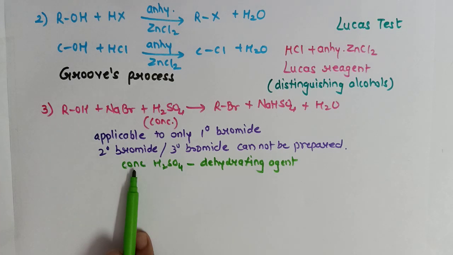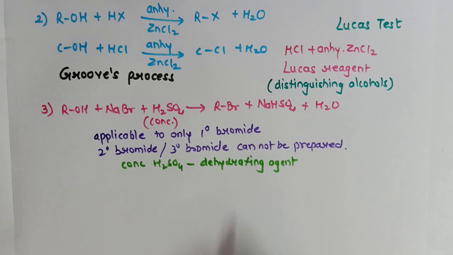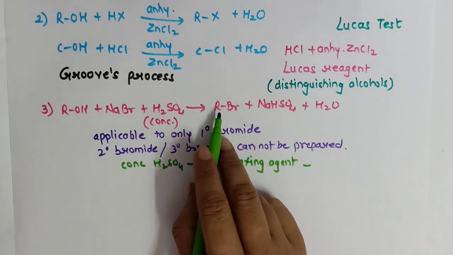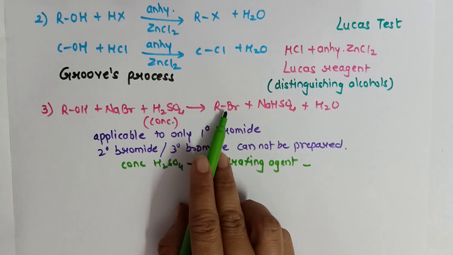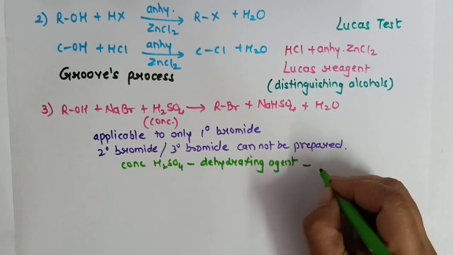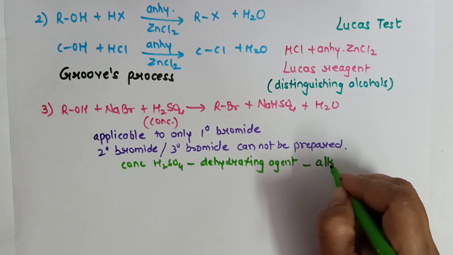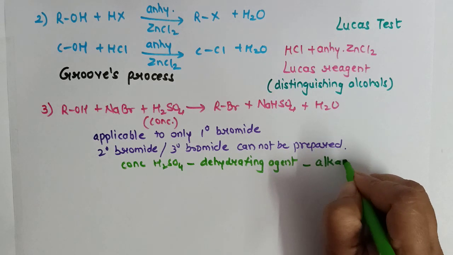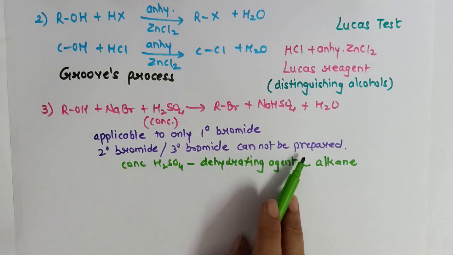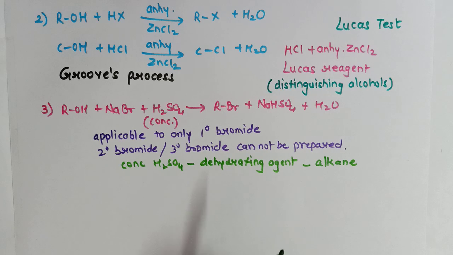So in that case, this concentrated H2SO4 will act as a dehydrating agent, and instead of haloalkane, that is instead of bromoalkane or iodoalkane, we will get alkene. And therefore we cannot use this method for the preparation of 2 degree or 3 degree haloalkanes.